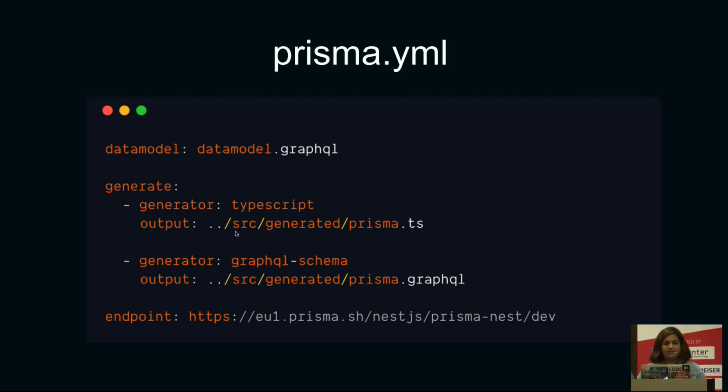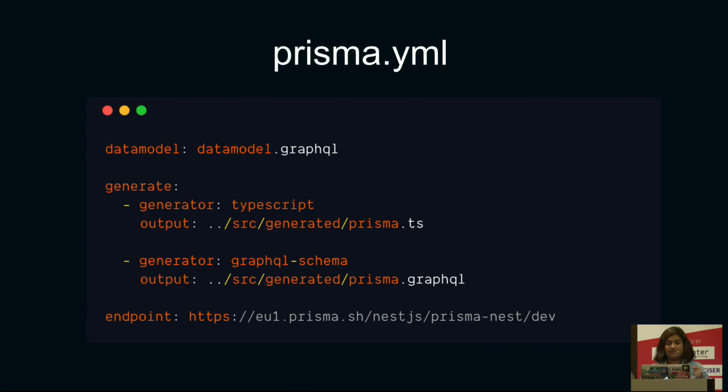So based on your schema file, that is your datamodel.graphql, you say generate me, in TypeScript, the type files, and you can also generate your schema files. So all of the things are taken care of; you really don't have to write things. Since Prisma is a communicator between the database and the GraphQL server, it does things for you.